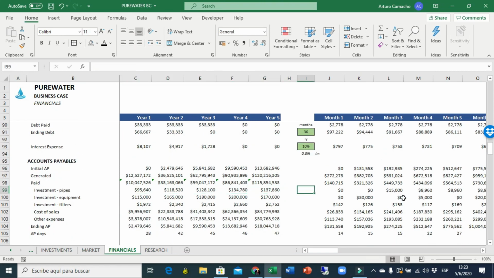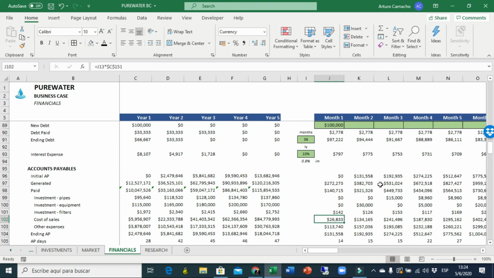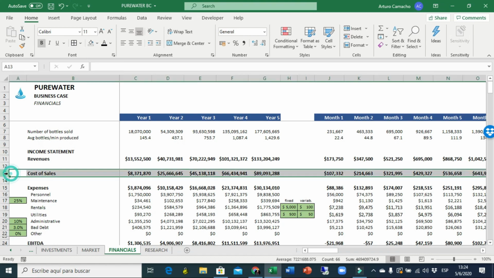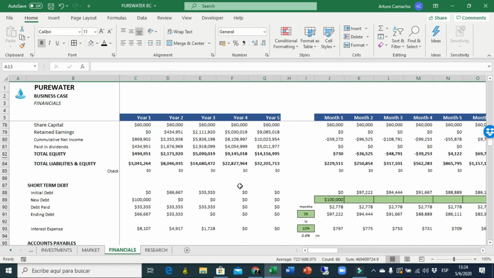So the same thing for the equipment, the same thing for the filters, and then the cost of sales is the same thing. It has to do with only the cost of sale line, J13, which is this one over here.